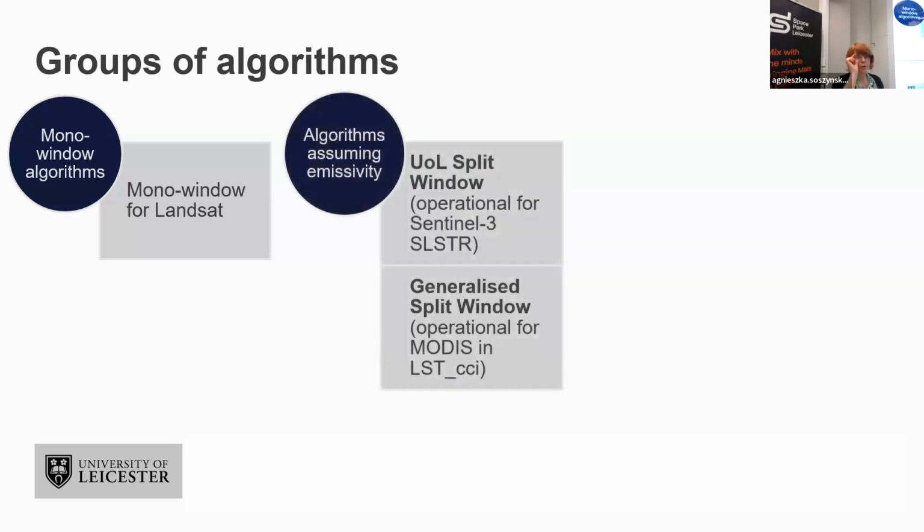Now, the second group, which I called here algorithms assuming emissivity, the mono-window algorithm also assumes emissivity, but I still wanted to split those two. The second group are the split window algorithms that use the information that the emissivity in the window of 11 and 12 microns is very similar.